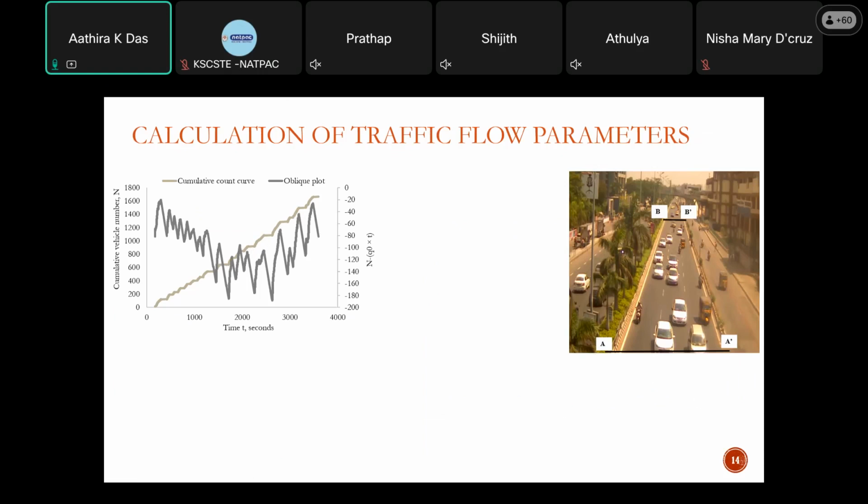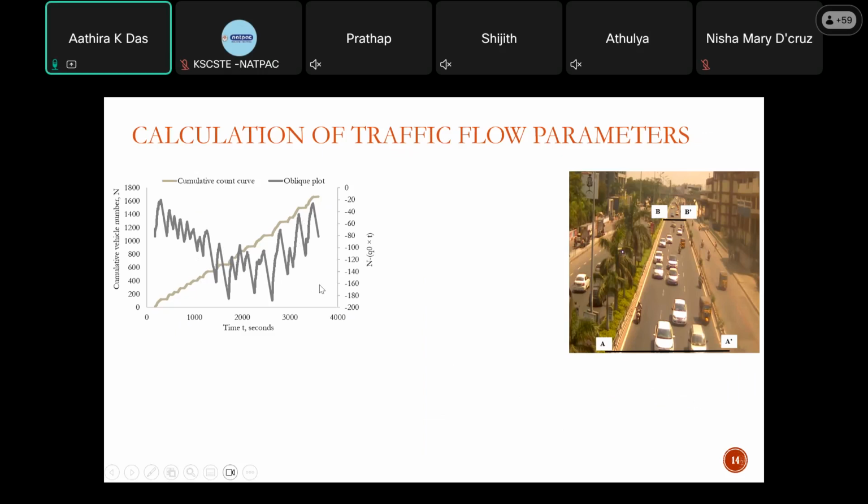And the other plot gives the oblique plot that represents the deviation from the mean flow, which is derived using the cumulative number minus Q0 into T, where Q0 represents the average flow during the study period. The positive slopes in this oblique plot represent the flow during the green period.